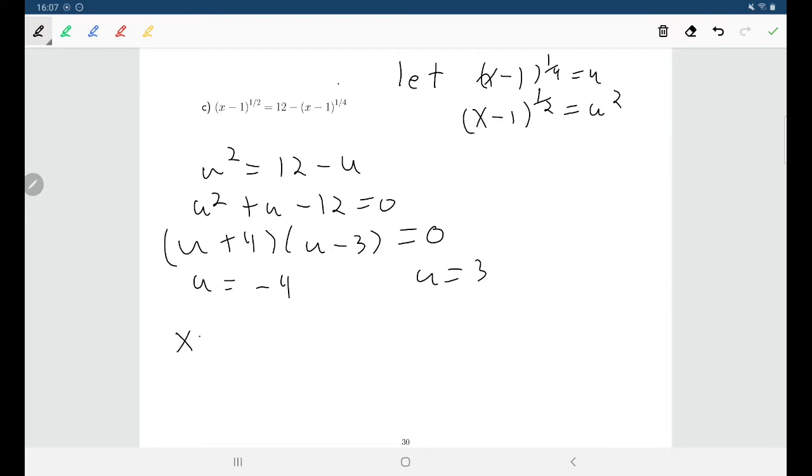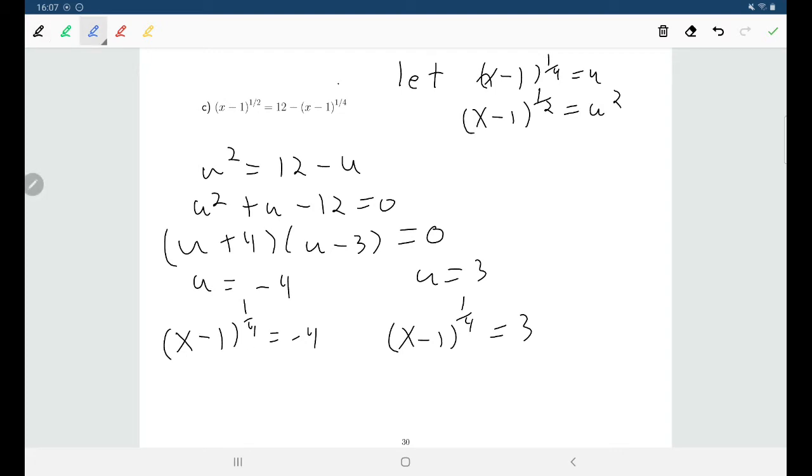Either x minus 1 to the quarter is -4, or x minus 1 to the quarter is equal to 3. And so now I just need to solve for x. So what I'll do is raise both sides of this equation to the power of 4.